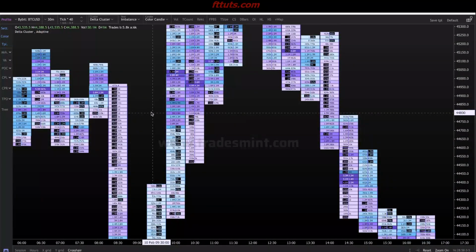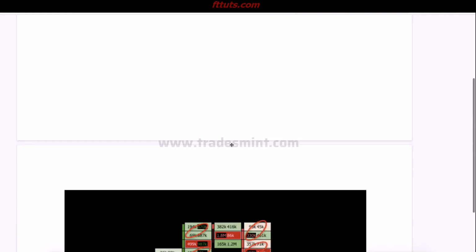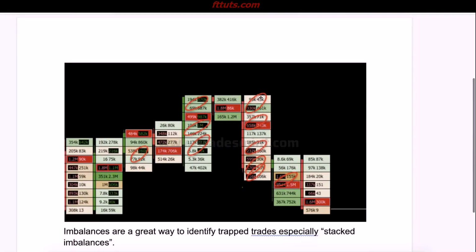And imbalances are not talking about left versus right in the same tick. They go diagonally. So we're always comparing the amount of buys on the upper tick to the amount of sells on the lower tick. And that's true for buying and selling imbalances.